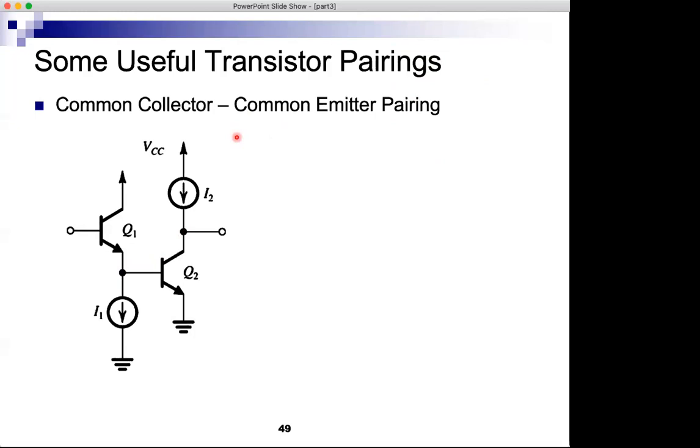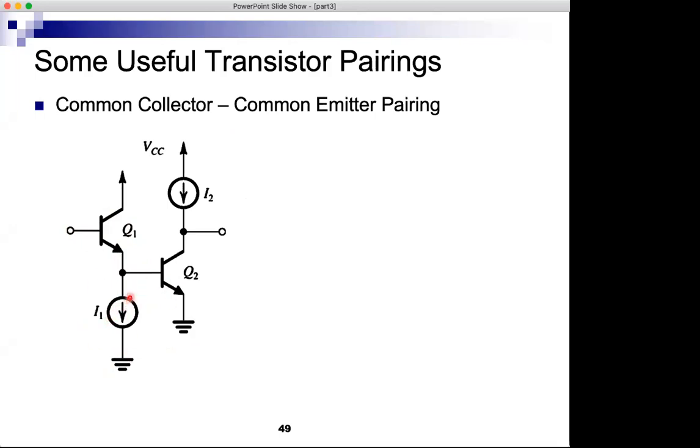Jason asked a question. Why is it R pi times beta plus 1? The rule says if you're looking into the base of Q1, you will see R pi 1 plus beta plus 1 times whatever is between the emitter and ground. What's between the emitter and ground?